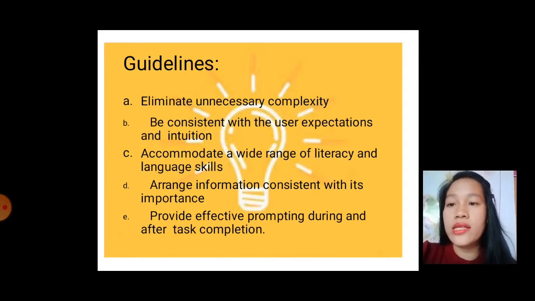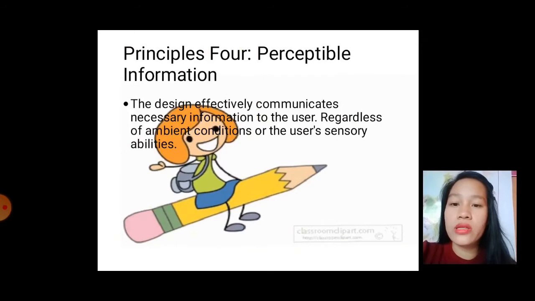Letter B, be consistent with the user's expectation and intuition. Letter C, accommodate a wide range of literacy and language skills. Letter D, arrange information consistent with its importance. Letter E, provide effective prompting and feedback during and after task completion.